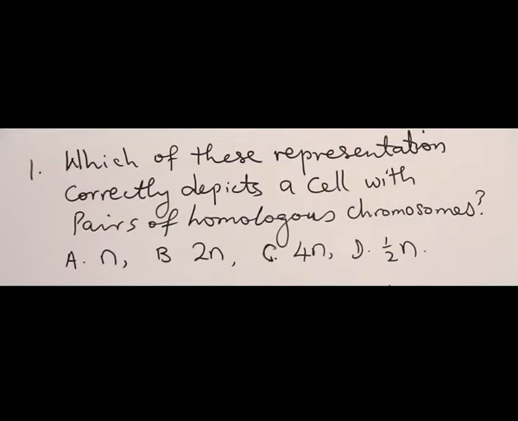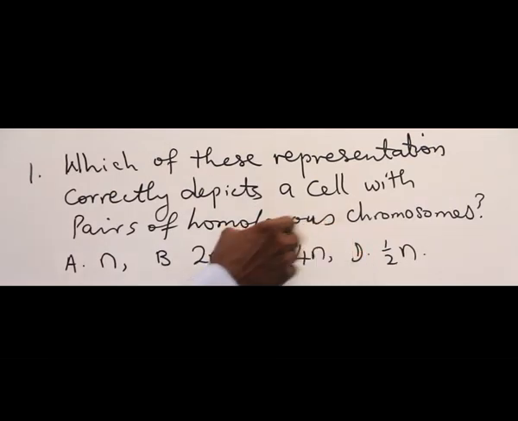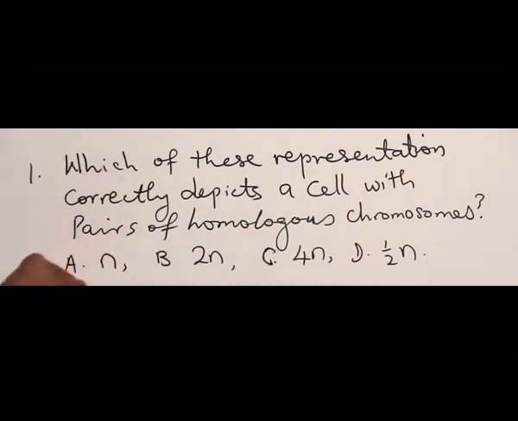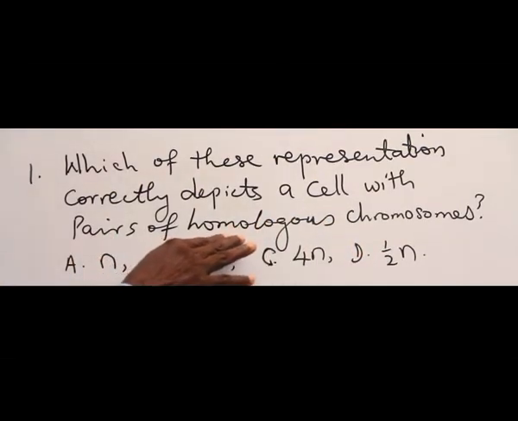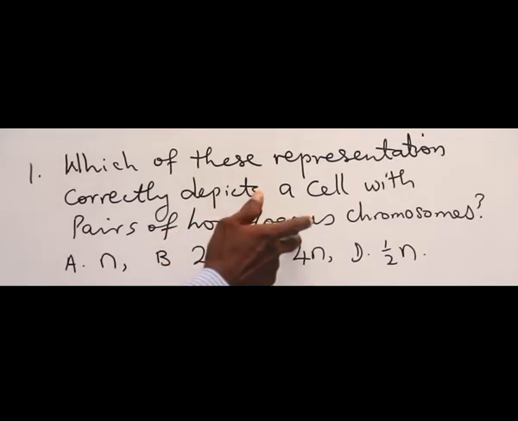Number one question says, which of these representations correctly depicts a cell with pairs of homologous chromosomes? For you to answer this question, you have to know which cells we are talking about. We are talking about a body cell that has pairs of chromosomes. Each of the pair bears one chromosome from the father and another chromosome from the mother.